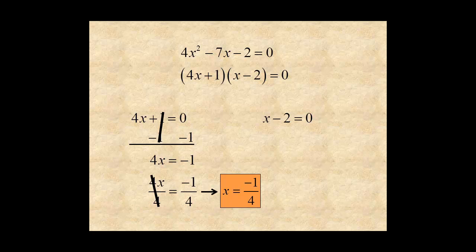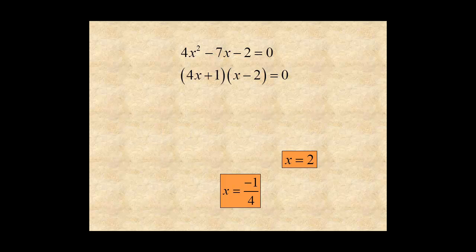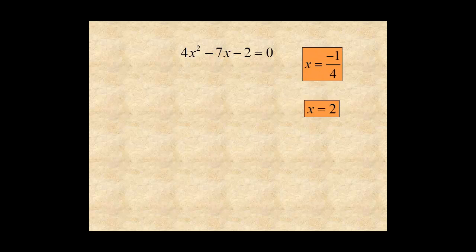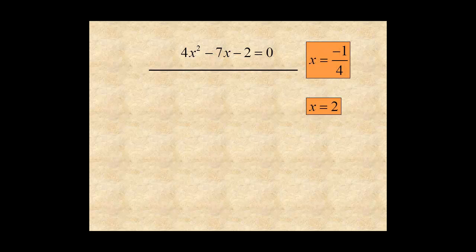For the second factor, add 2 to both sides for x equal 2. So x equal negative 1 over 4 makes the first factor equal to 0, and x equal positive 2 makes the second factor equal to 0. Which means the solutions are negative 1 over 4 and positive 2.